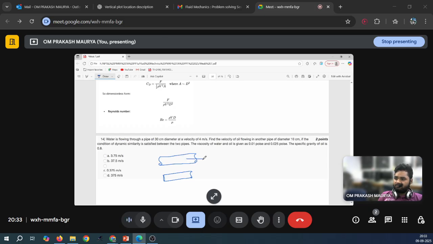The velocity is 4 meter per second. Here the velocity you need to find out. This is oil and this is your H2O, water.